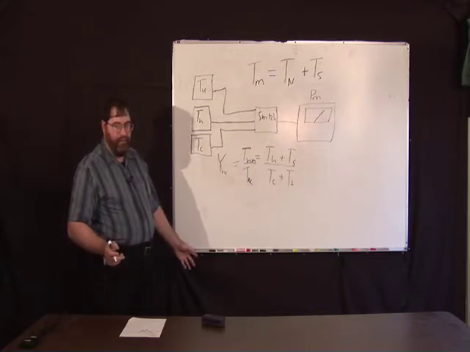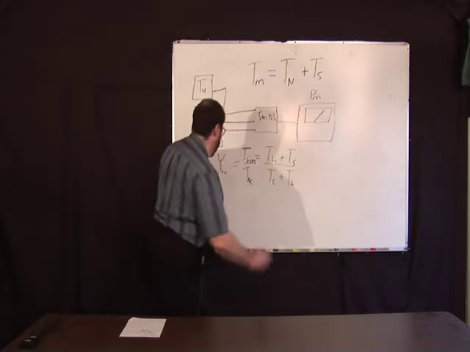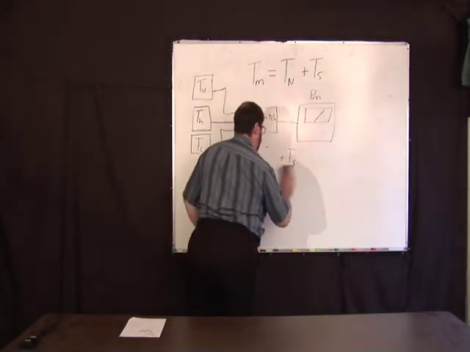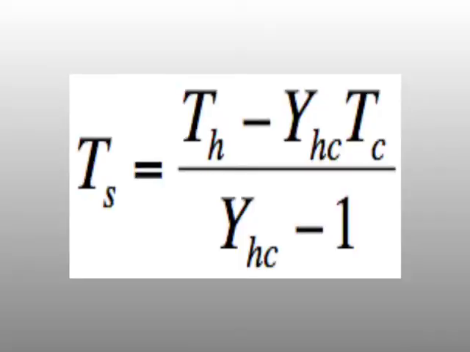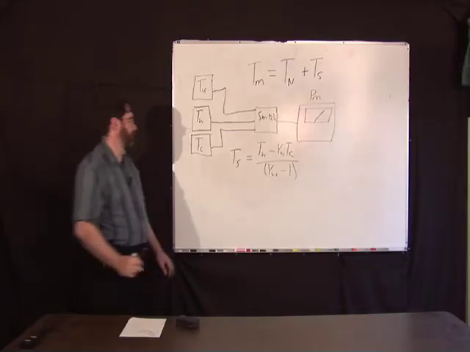Now you can do a little algebra, and I'm not going to do it here just to save some time. You end up with TS equals T hot minus Y hot cold T cold, over Y hot cold minus 1.